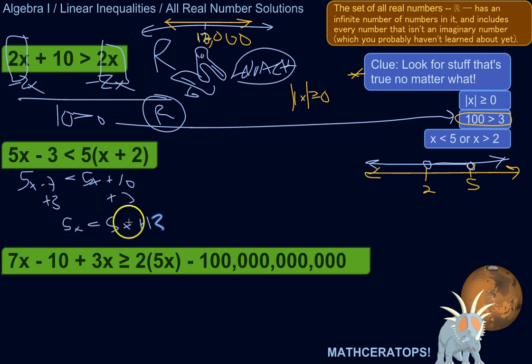At this point, maybe you're thinking that looks pretty suspicious. 5 times a number is less than 5 times a number increased by 13. Yeah, that seems to make sense.